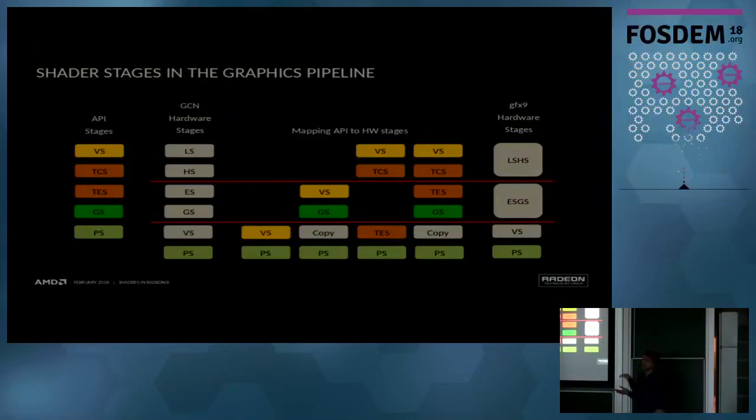A single hardware stage that first runs the vertex shader and then runs the tessellation control shader. Or the same, in the second column with the vertex shader and geometry shader, in one single hardware stage, one single program from the GPU perspective, you run both vertex and geometry shaders. So we have to paste also these together. Okay.